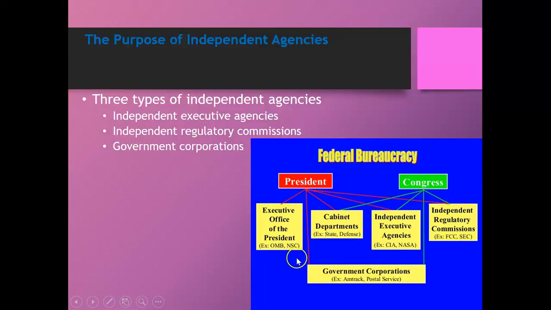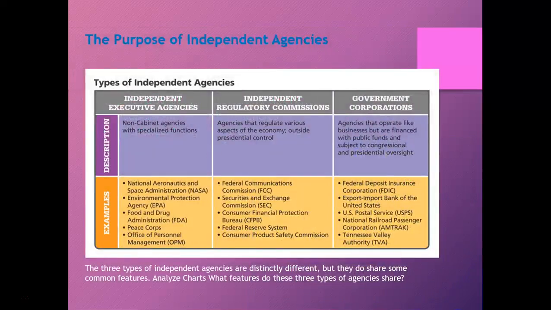And then we have this example down here that is under Congress and the president, and those are called government corporations. So they run just like a corporation. They fulfill some type of public service or role like that, but they do make an income, although that income is kicked back into the corporation.